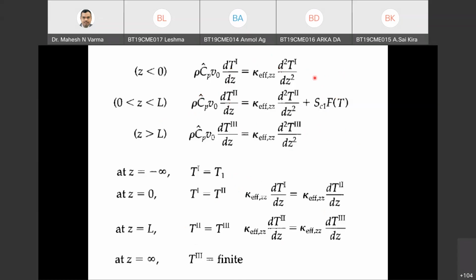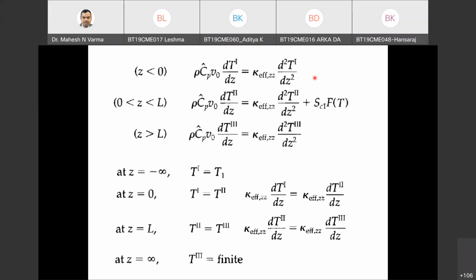anybody else in the class? Sir, we can find T for different Z. Yes, sir, for Z less than 0. I want to simplify the problem. Hello, sir. Yeah, roll number 48?